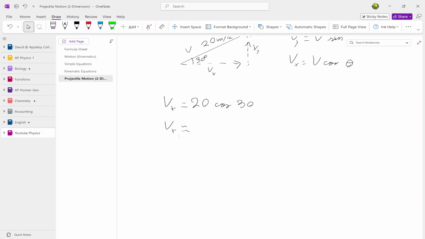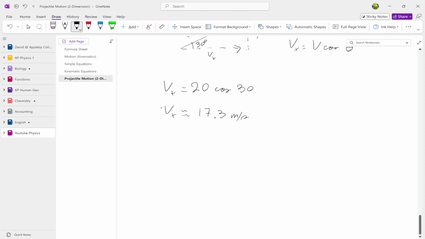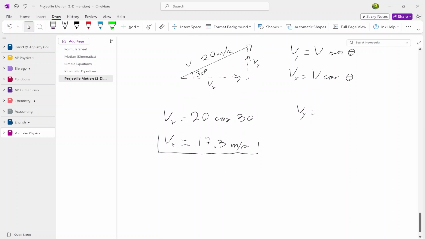That would be around 17.3 meters per second. You don't have to put that, but you should. You really should. It's very important. And then we can just box that up, and then vy equals 20 sine 30. So vy should be around 10 meters per second. So there we go.